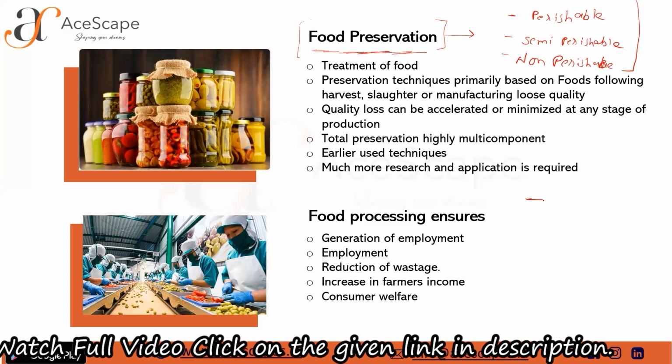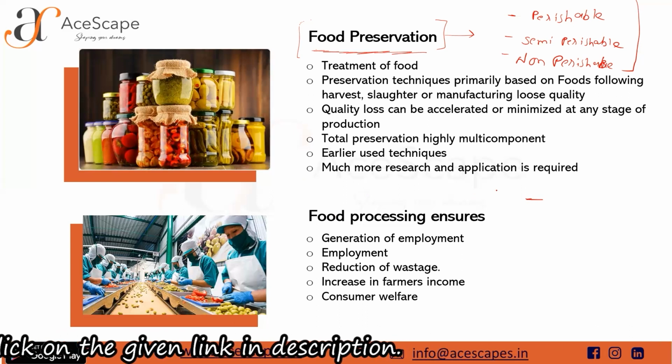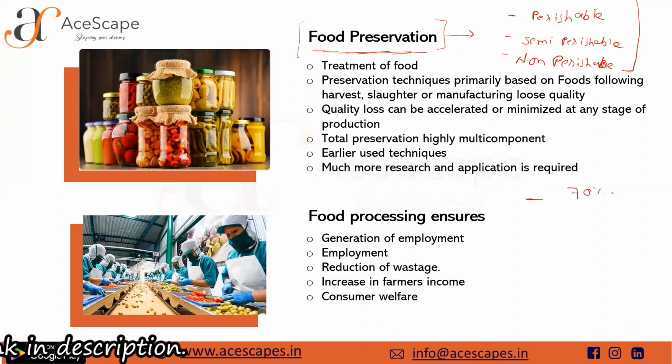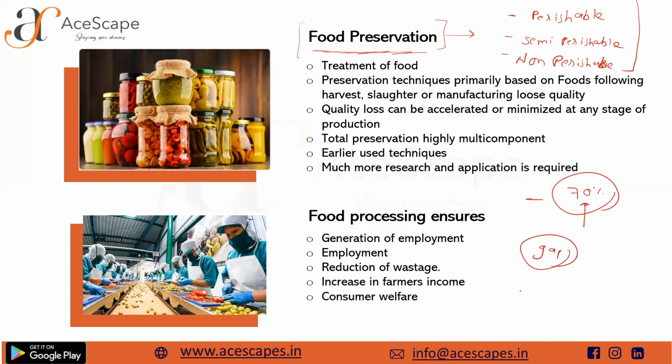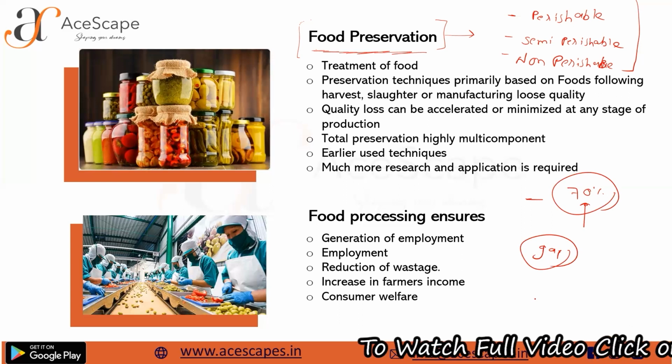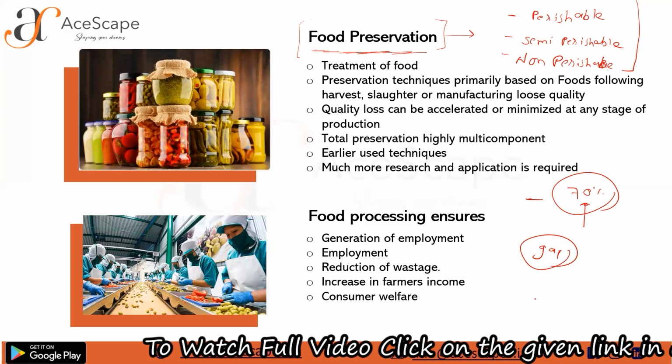In India, according to some data, 70% of raw commodity gets spoiled. Why? Because we produce more commodity, but we don't have the infrastructure to process it. We cannot process all the commodity produced by the Indian farmer. So there is a huge gap, and that gap we have to fill as food technologists.